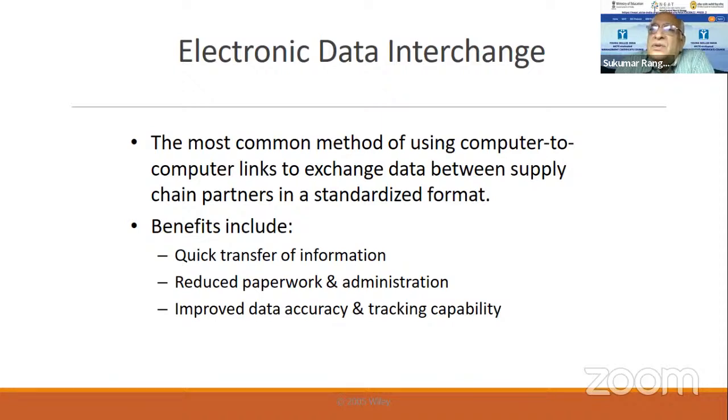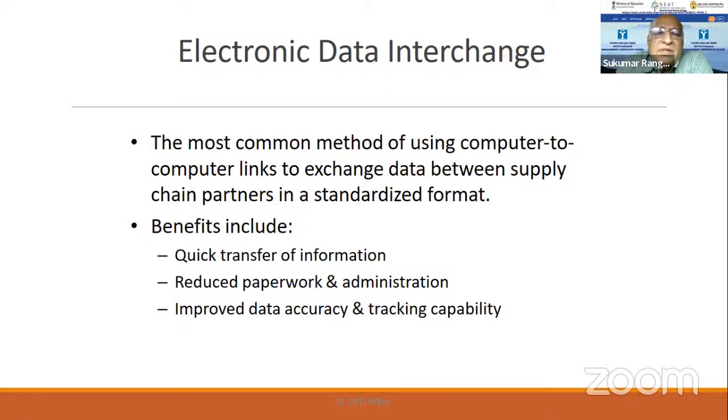Earlier days, you used to type out a purchase order, send it by mail, and that person receives, looks at the mail, then acknowledges the order, all that kind of thing. None of that takes place today. The entire process is on the computer at zero time. So there is no time delay involved in any of the processes. They all happen in real time because of electronic data interchange.